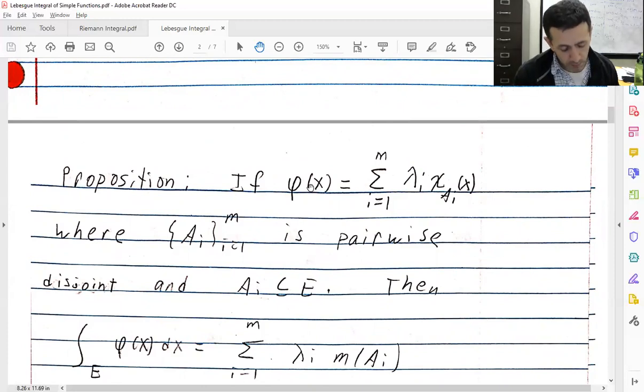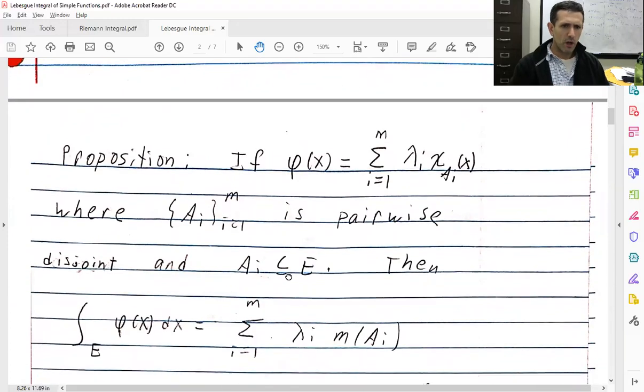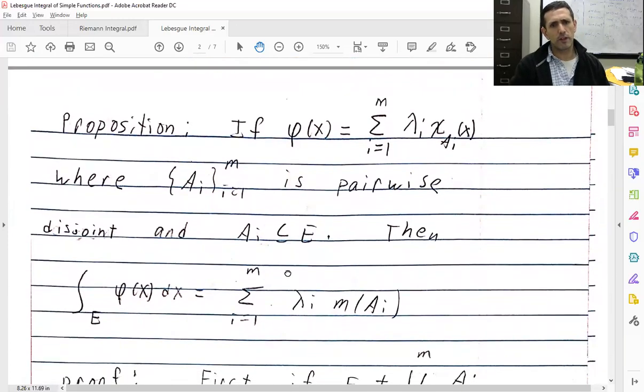It's not easy to prove that for simple functions. And actually, we're going to need this proposition to prove that integrating simple functions is linear. All right, so how do I prove this?